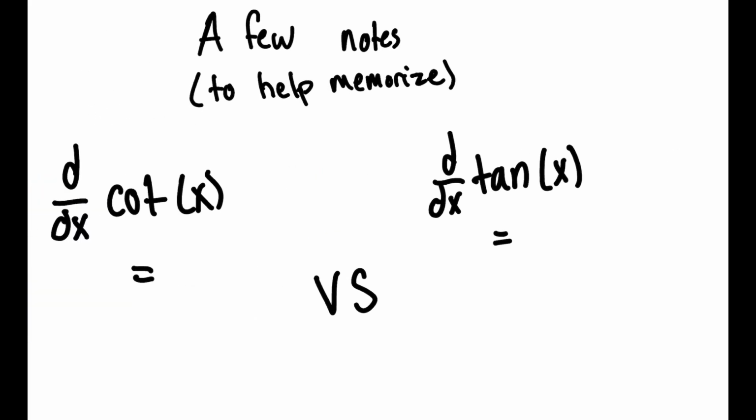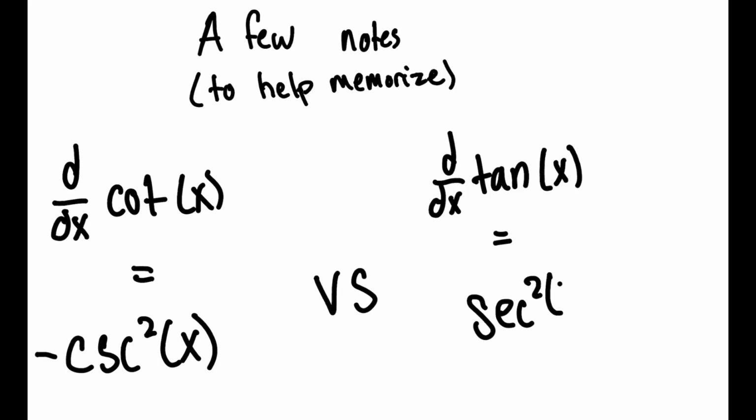Another thing you should look at is the difference between a cotangent and just the tangent. They end up having the same derivative, but outside of a negative, the only difference is that there's a co at the beginning of all the words in it. We have negative cosecant squared of x, and this one is a positive secant squared of x.